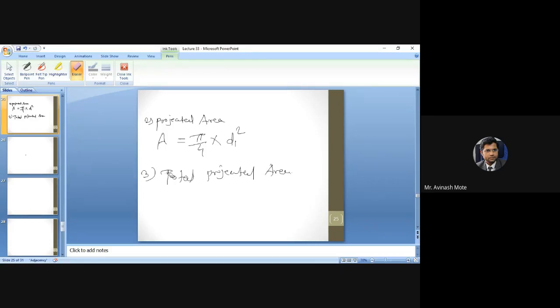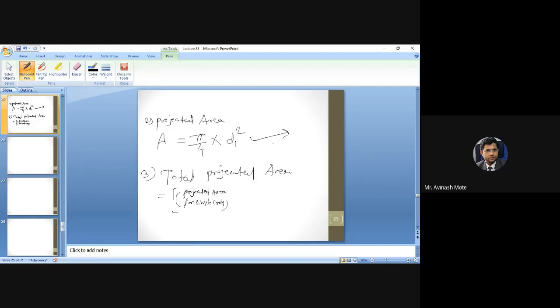Now I will write here: total projected area equal to projected area for single cavity plus projected area for gating system. Are you getting this?